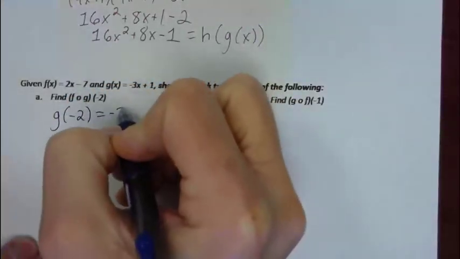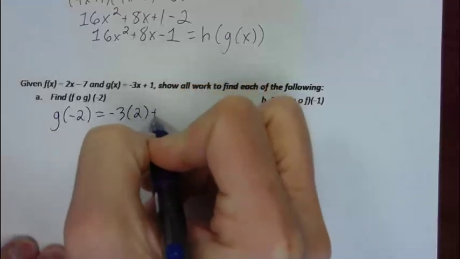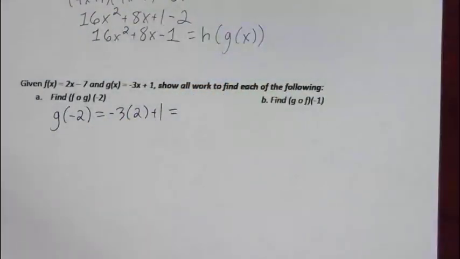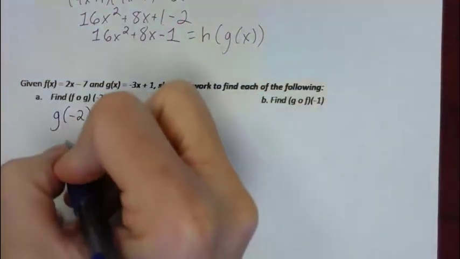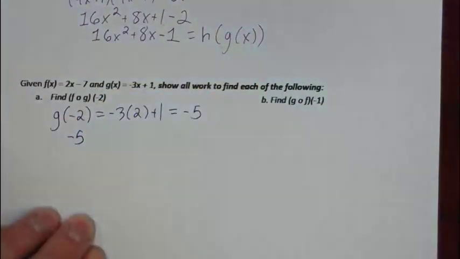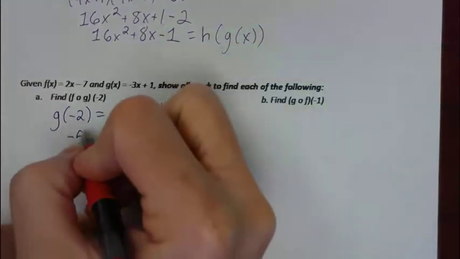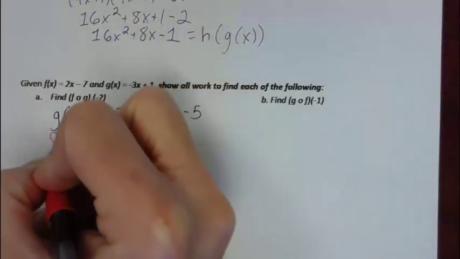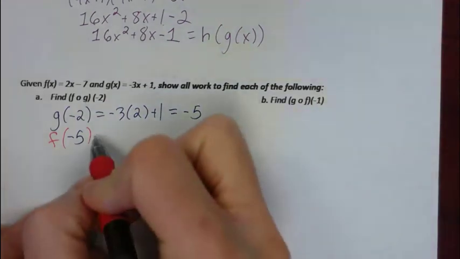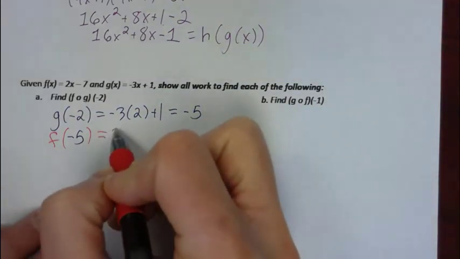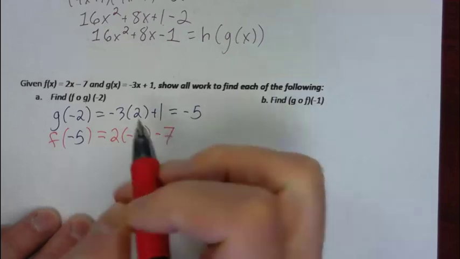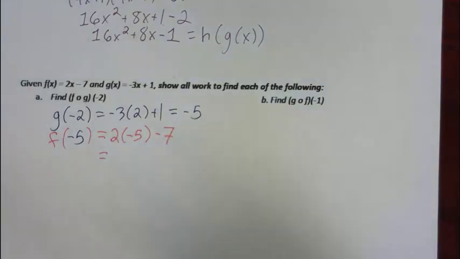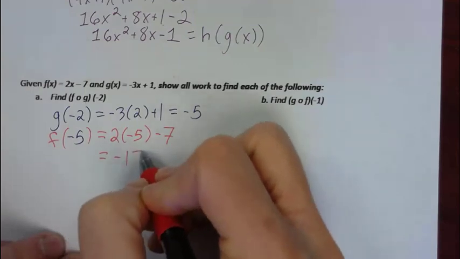That would be negative 3 times negative 2 plus 1. And negative 6 plus 1 equals negative 5. And that negative 5 is what I'm going to put into f, since that's on the outside. So I'm going to do f of negative 5. And I would just be doing 2 times negative 5 minus 7, which would be negative 10 minus 7, making it negative 17.